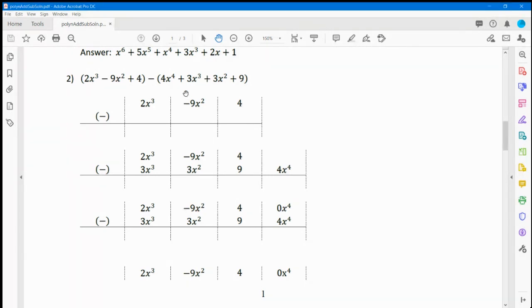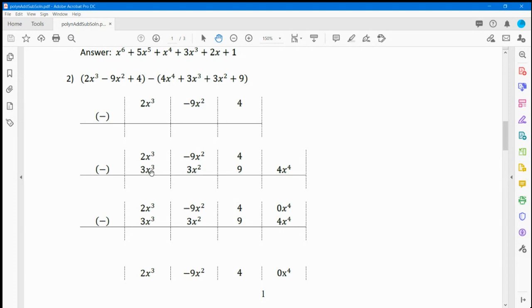Now for the polynomial here, right away you can see that 4x to the 4th doesn't go in either of these columns. So we make another column. That's where this came in. What about the other terms? Well, 3x cubed, where would that go?